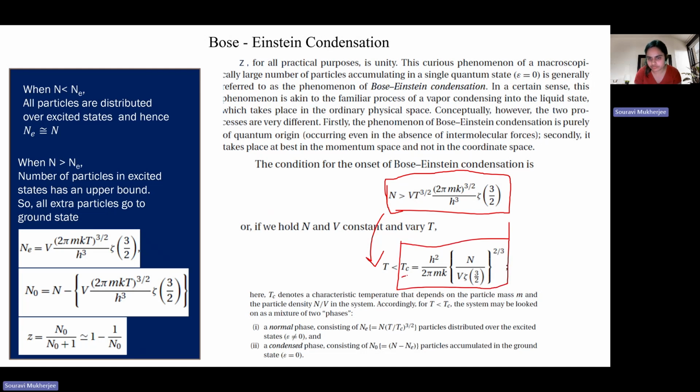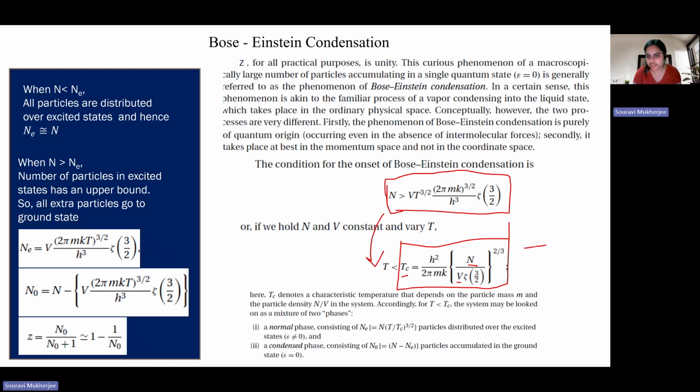So TC is related to H, M, these are constants, and then K, and N by V is there. N is the total number of particles, V is the volume. So N by V is your number density, right? All the other terms are constants. So what is it telling you?